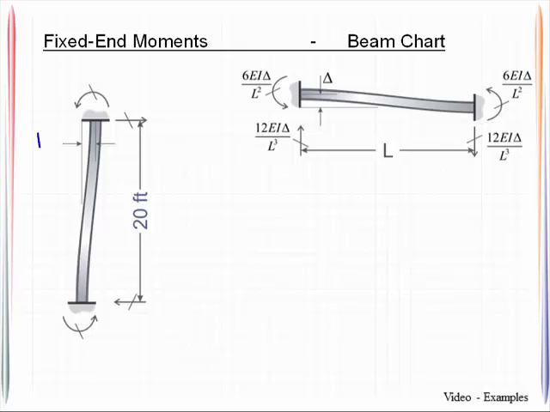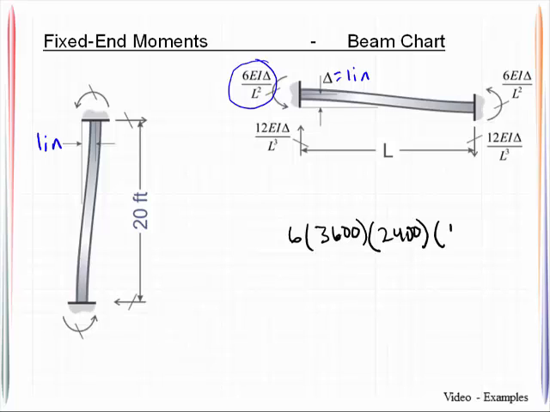I know that this displacement here is 1 inch, and if I look at a beam chart, it tells me that the fixed end moments are computed as 6EI delta over L squared. So here's my fixed end moment, 6 EI times delta, which is 1, over 240 inches squared.